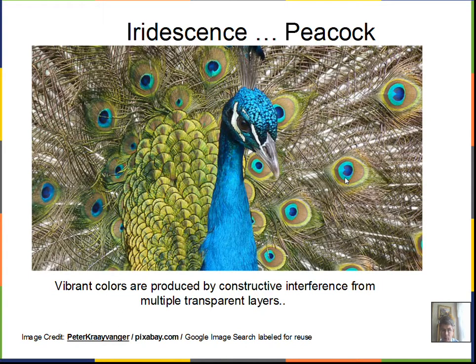Not identical, they're not built with diffraction gratings, but layers of material that give the same effect of constructive interference for certain wavelengths. So the spacing would control the color that is iridescent, that gives the best constructive interference.